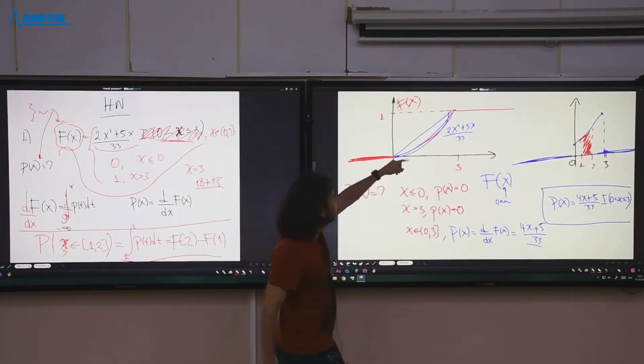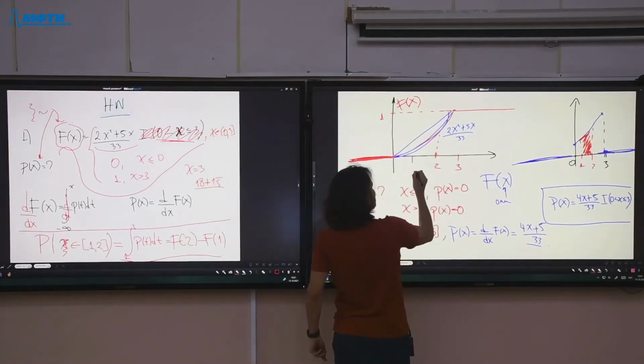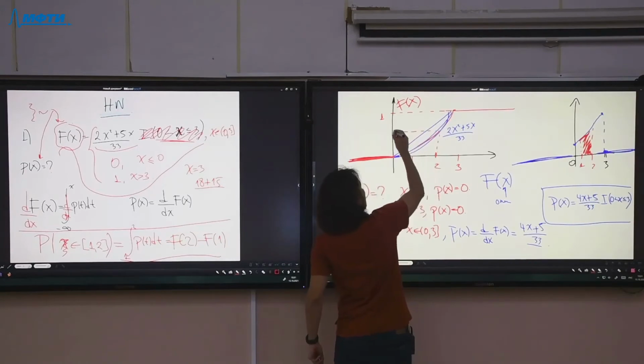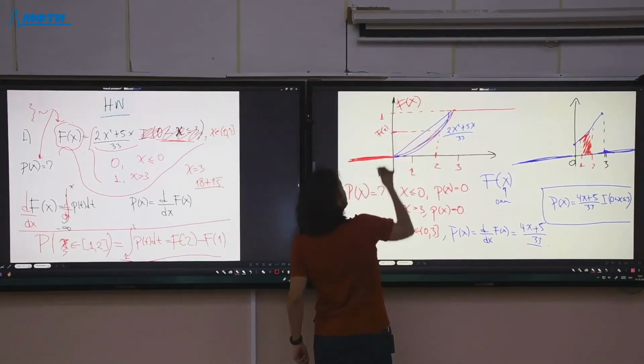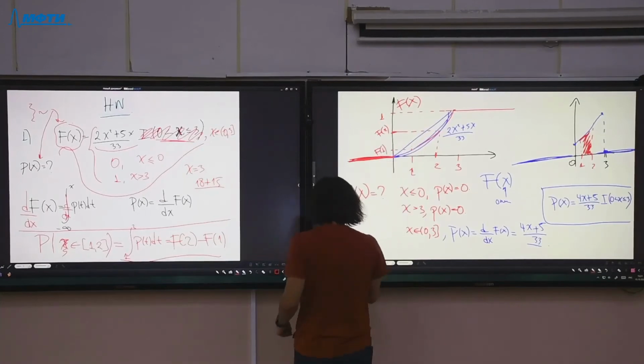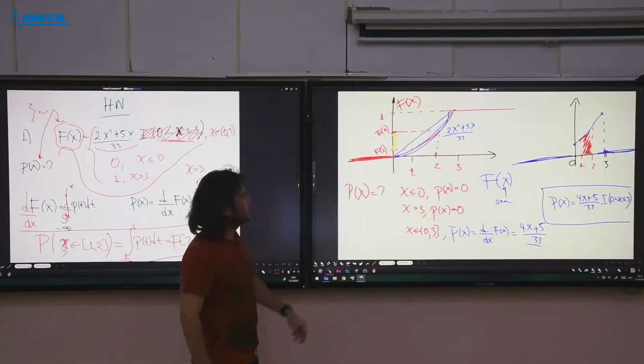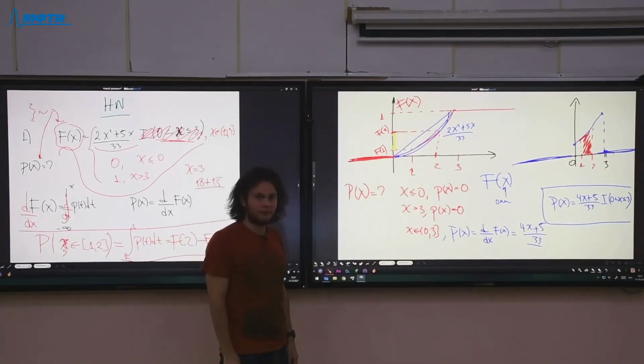Here is 2, here is 1. Here we have f of 2, and here we have f of 1. This distance gives us the probability from 1 to 2. So let's find it.